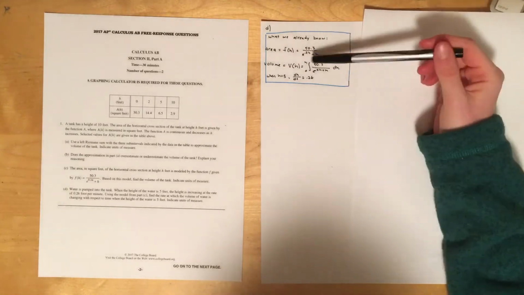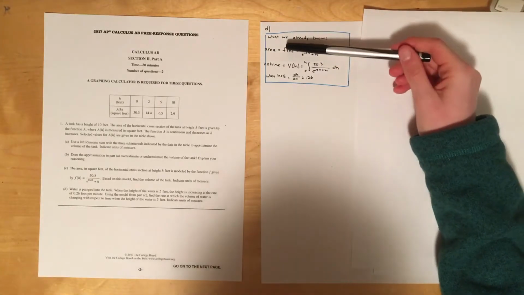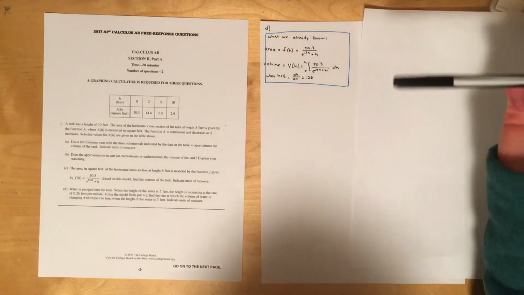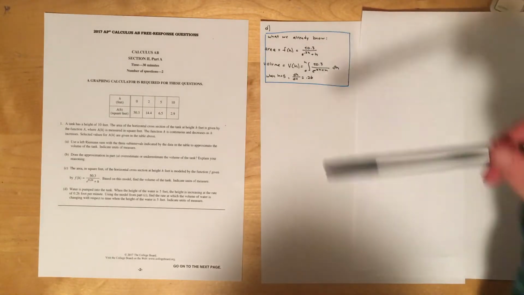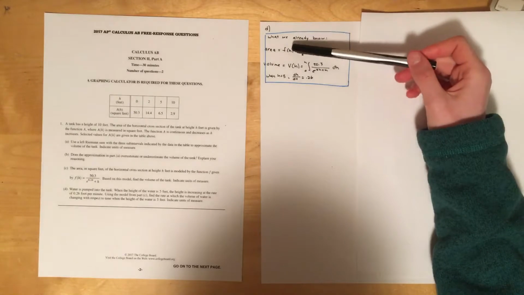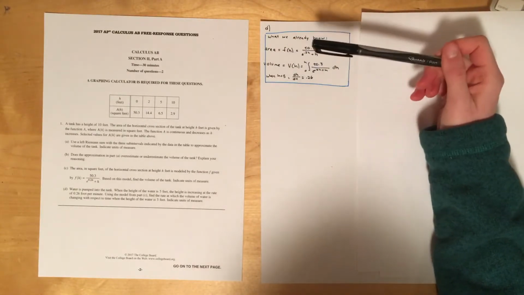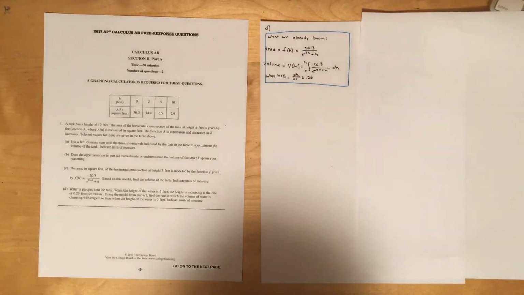So before we even start, we're going to go into what we already know. We already know that the area is modeled by f of h, which is 50.3 over e to the 0.2h plus h, and h is height. We know the volume is the integral of the area from 0 to h. I use V of h as my volume function.